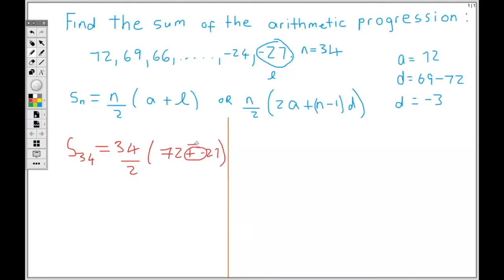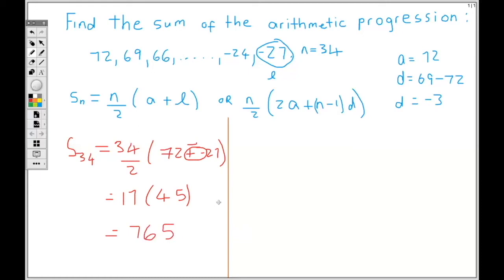So we have 72 minus 27, so that is 45. 34 divided by 2, that's 17. So multiplying this, 17 times 45 is 765.